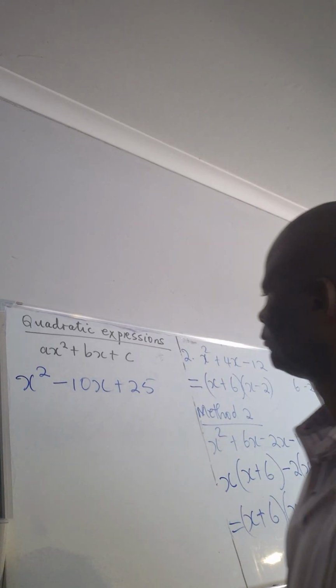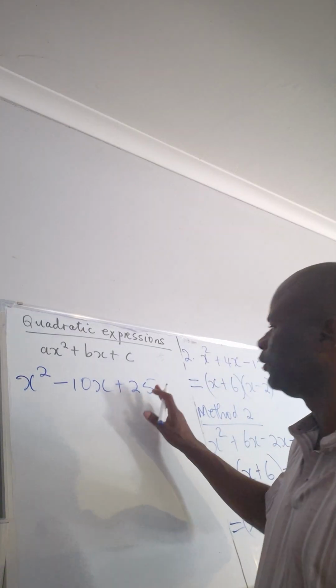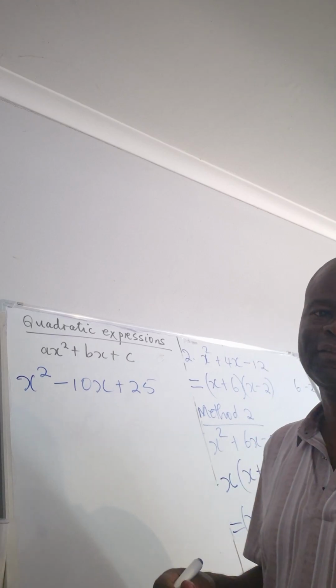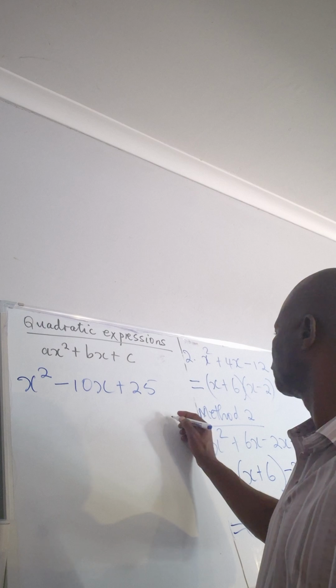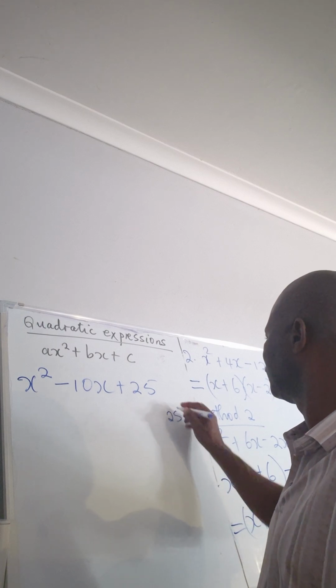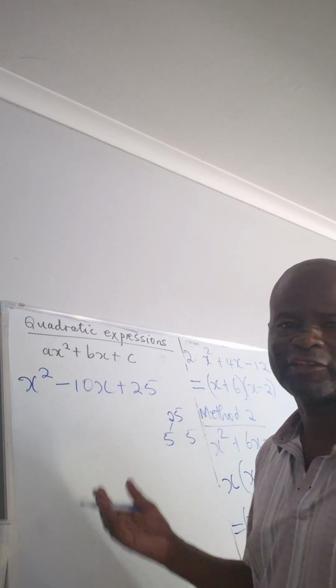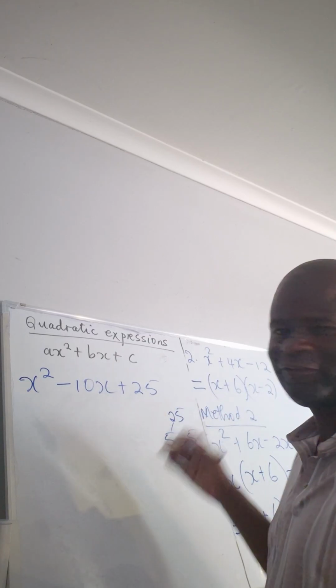Right, like what we've done before, we look for the factors of 25, which when you add, they must give you minus 10. So there are two obvious, it's 5 and 5. 5 times 5 is 25. And you cannot talk of 25 and 1.